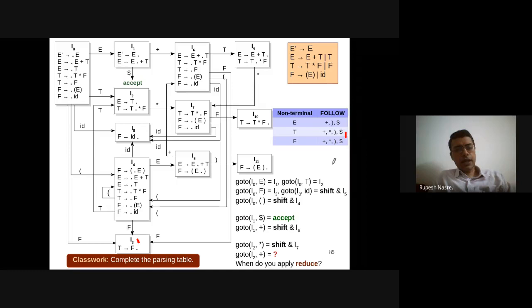What are the other entries that are possible that you have to write? So what other entries are possible?